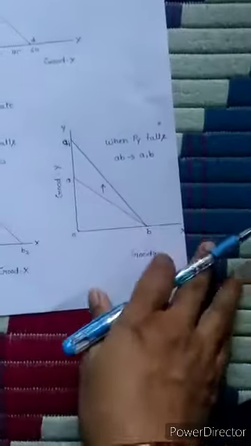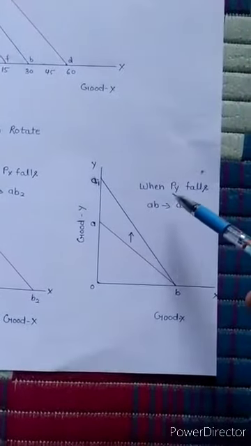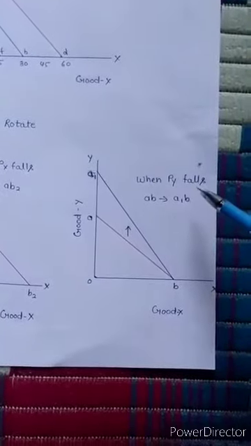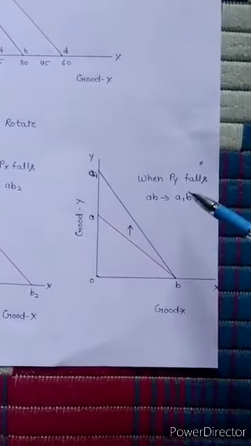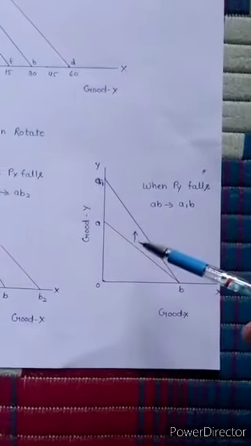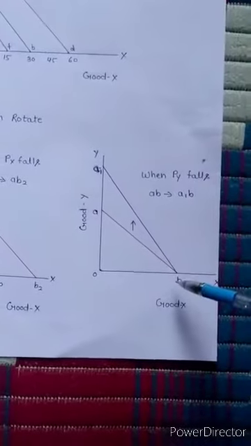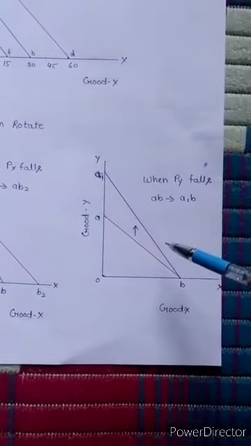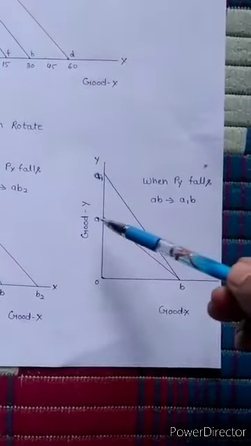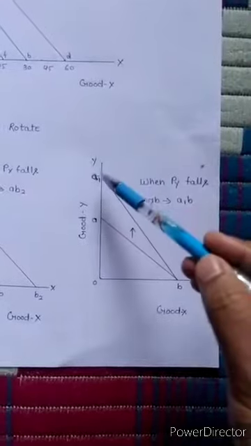Now there is the second condition, when the price of Y goods falls. When the price of Y goods falls, what is the condition of the budget line? It is clear by the figure. AB is the primary budget line, and when the price of Y goods falls, the budget line shifts from AB to BA1.